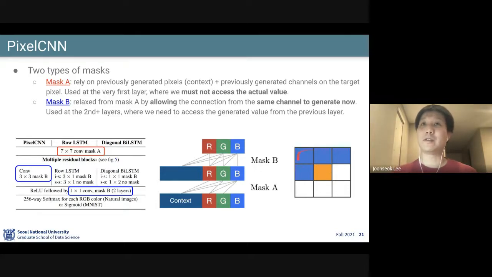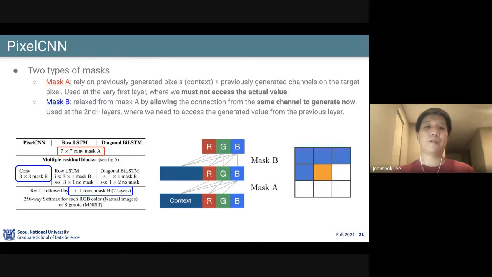The previous pixels, the context. Given these, we try to figure out what should be the red component of this pixel. At that point, we should not access the red component of this pixel, because that's the right answer already. So to make the model actually learn the relationship, we should not use that.